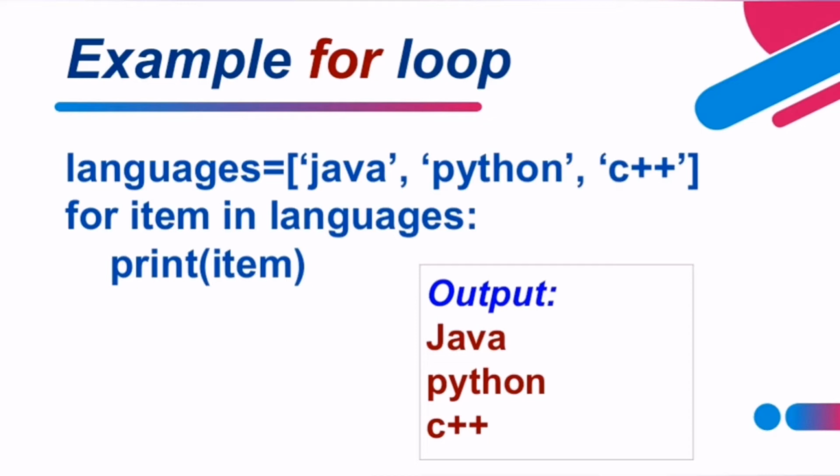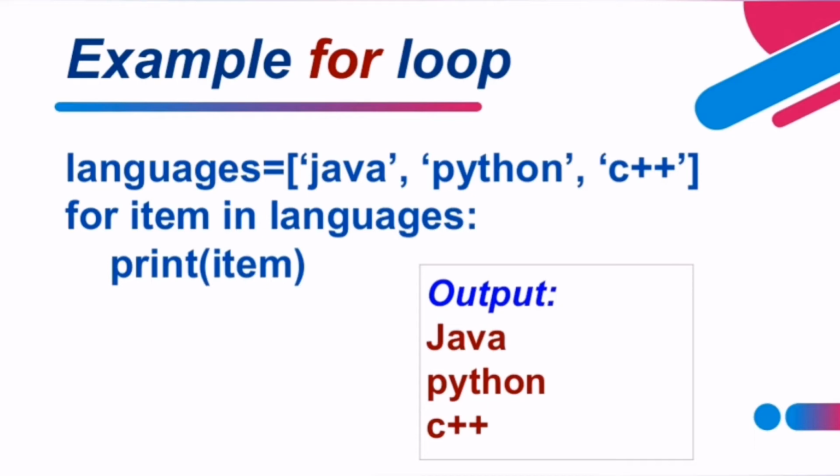Here you should understand how to write a for loop in Python. So for, then the variable, and then in languages, which is the sequence, and then the body of the loop will be executed, and the one statement inside the for loop is print item. So this program will give the output Java, Python, and C++.